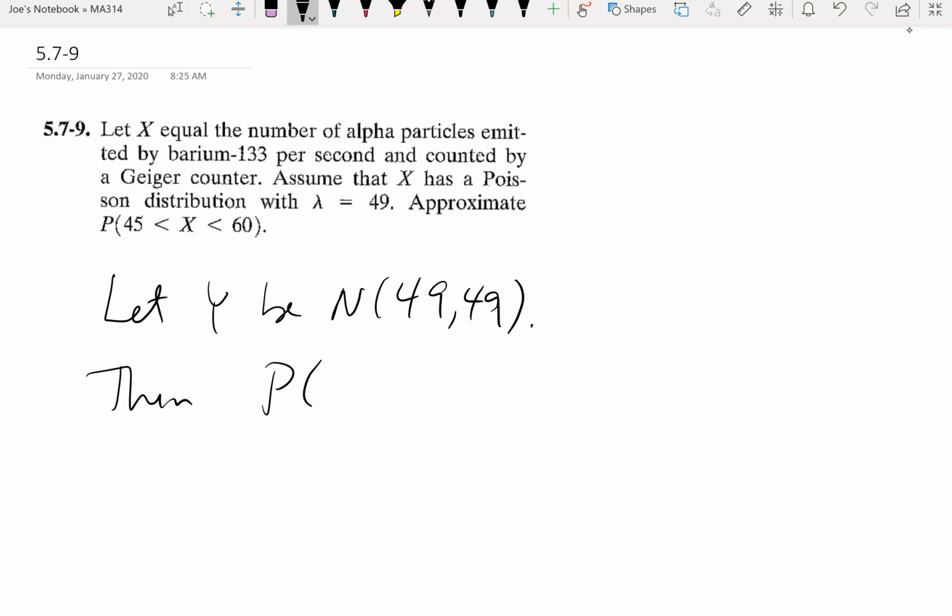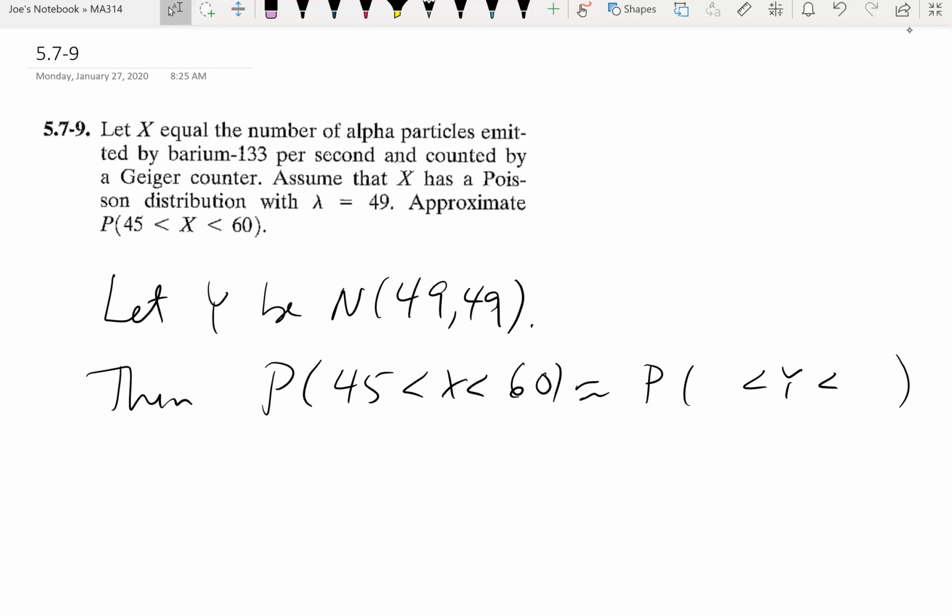So then, the probability that 45 is less than x is less than 60 will be approximately the probability that your y is in between two values. But I have to be careful of whether or not I want to include my boundaries.